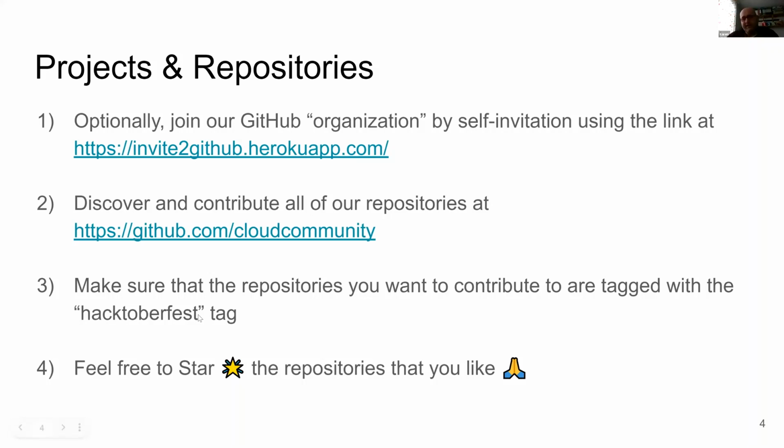If a repository has the hashtag Hacktoberfest, or they call it topics, I guess, which is pretty much the same, then you can contribute and be sure that once it's approved by the maintainer of the repository, it will be counted towards your total pull requests for Hacktoberfest. If you like some of the repositories, it would be great if you star them. This is how you measure the popularity of projects or repositories on GitHub.